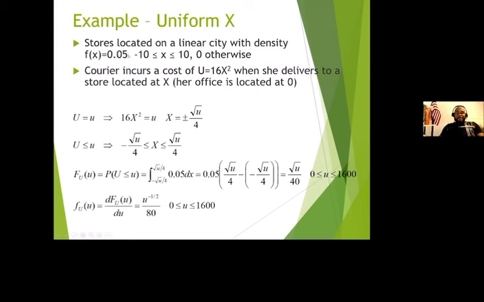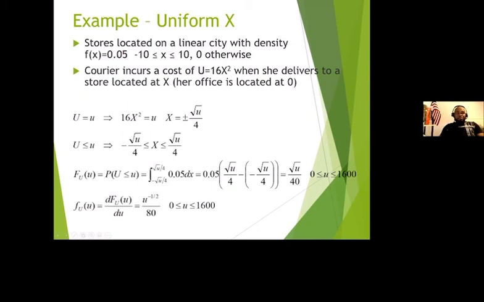If I had x here, we would have to plug in something. But for now, this is a constant. I'm just going to write that. When I write that, I'm going to integrate that using the range of x that we just found. Look at the range of x. And when you do that, we have the square root of u divided by 40. If you take a look at what I have here, it's actually the CDF. And what is going to be the range? You've got to define the new range.